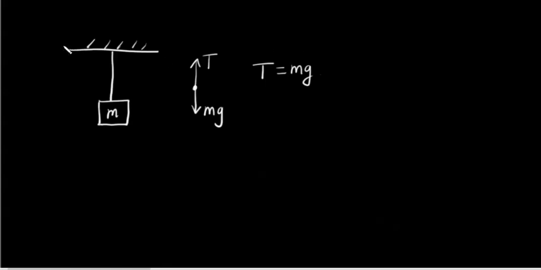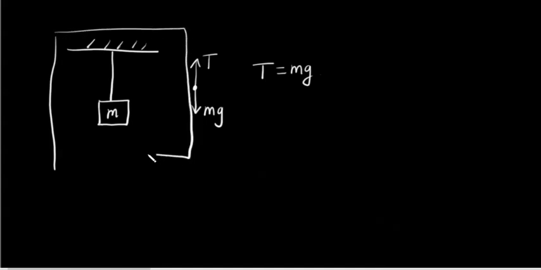Now what will happen if I keep this system in some kind of box and this box is accelerating upwards with the acceleration a0? Then what will happen? So now the tension force will be different. For example, if I draw the free body diagram in this case, then there will be tension upwards, mg force downwards, and then there is an acceleration in upward direction of a0.